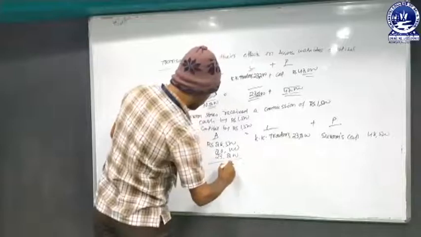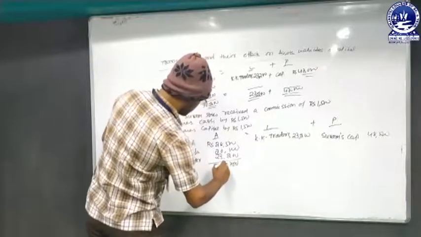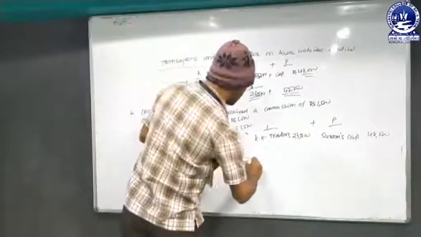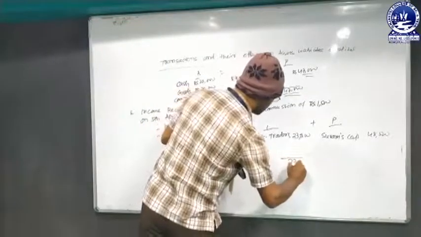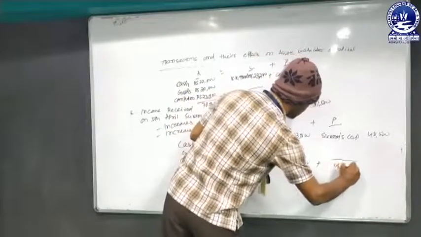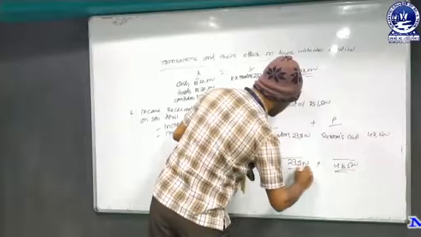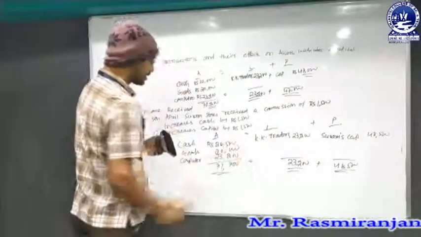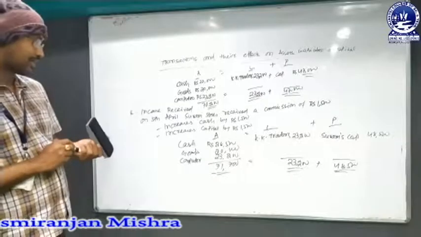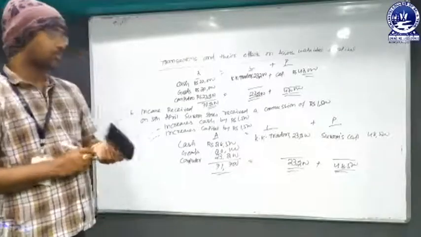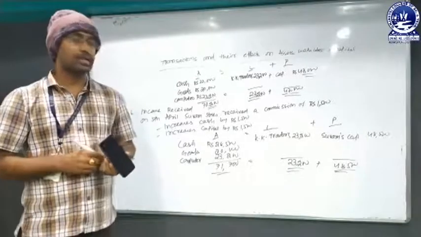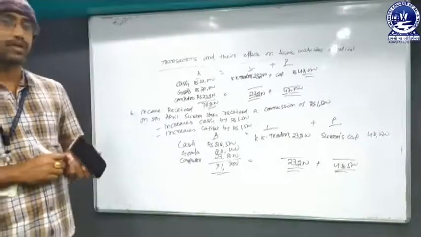So the total amount of assets is 71,700, which equals liabilities 23,200 plus capital, that is 48,500. So when we say it in the form of an equation, the total assets of 71,700 must equal the liabilities amount 23,200 plus capital, that is 48,500.